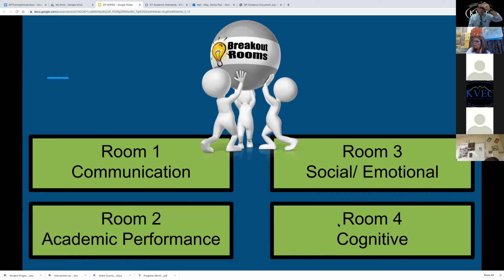So what we're going to do is allow you to choose one of these to work on, and we're going to have you identify the baseline information in the present level. You'll be looking through that present level on the sample Robert IEP. He's a mild mental disability student. We want you to access that information and come up with one area: communication, academic performance, social, emotional, or cognitive.